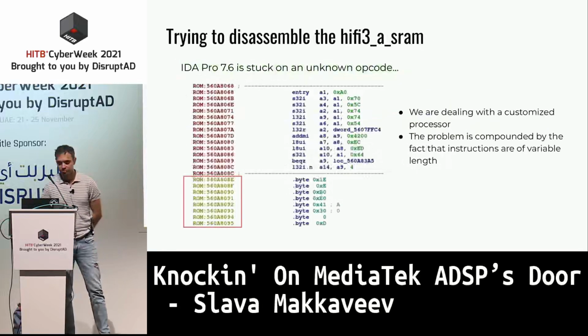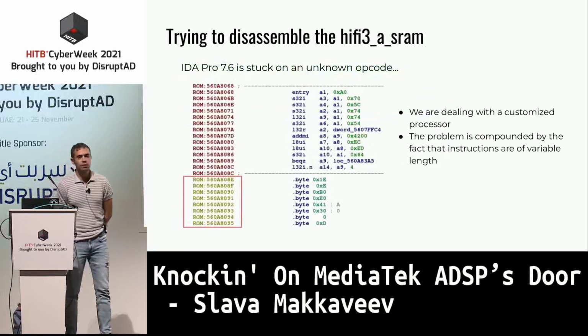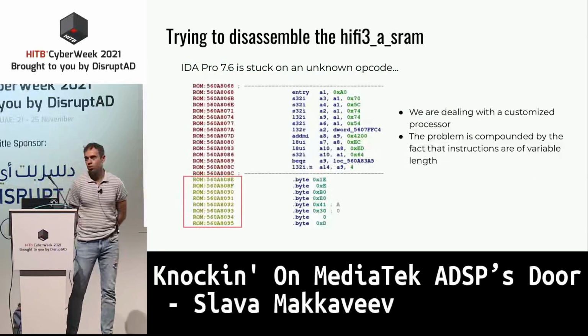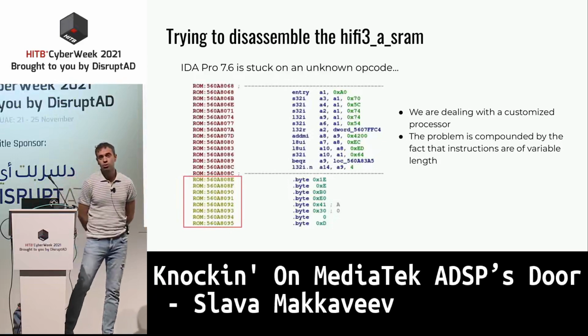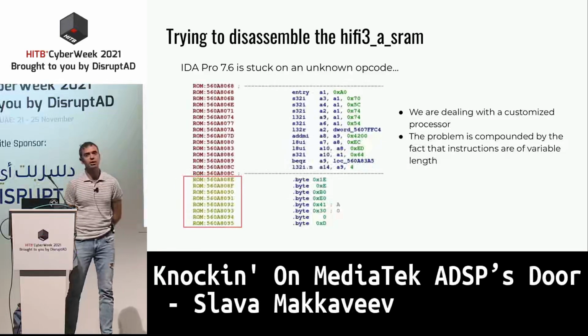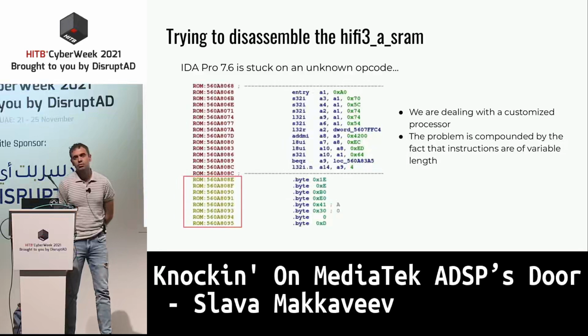So we need to find a way to disassemble Xtensa code, and first I tried to write a script that would try to find the beginning of the functions in the Xtensa code and try to disassemble. Theoretically, it's possible because most of the functions in the Xtensa code begin with an entry opcode that allocates the stack.